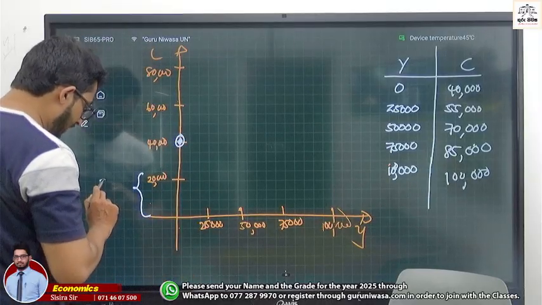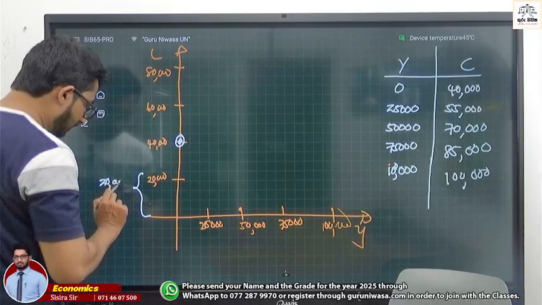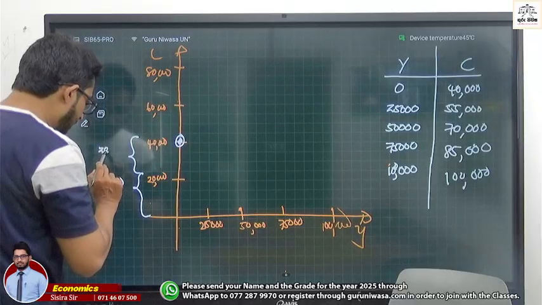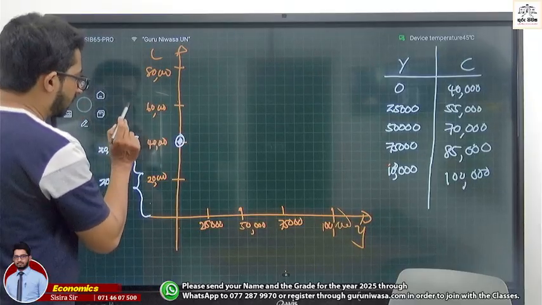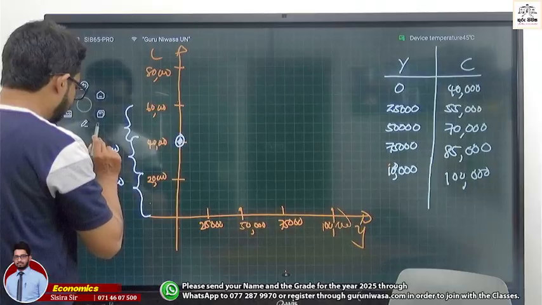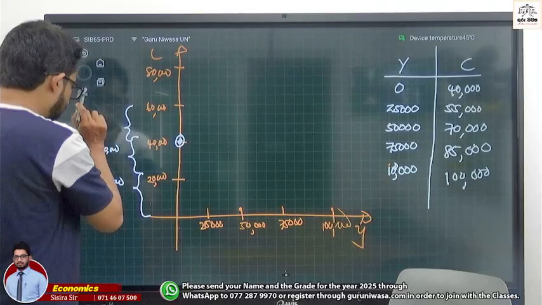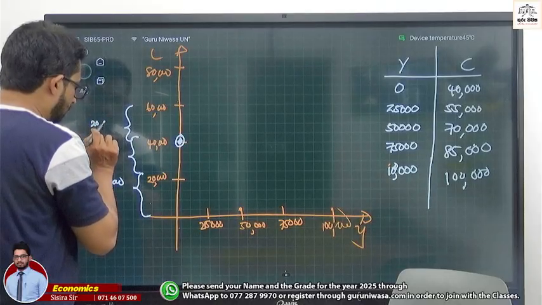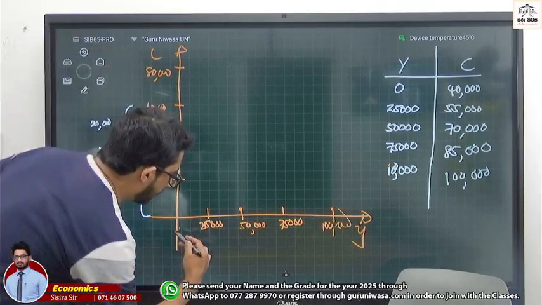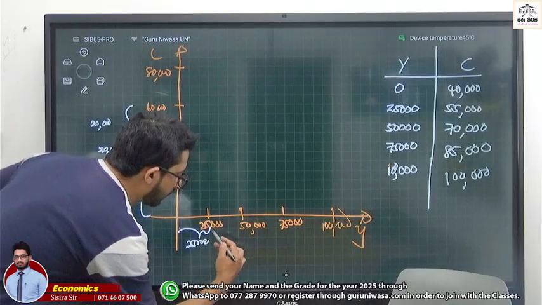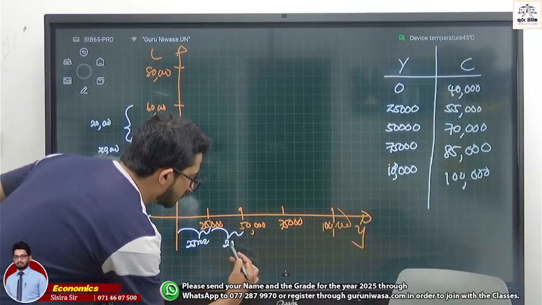Here the gap is 20,000. Here also the gap should be 20,000, remember. Here also 20,000. Here the gap is 25,000. It should be equal at every point, Lamai. 25,000 here, 25,000.